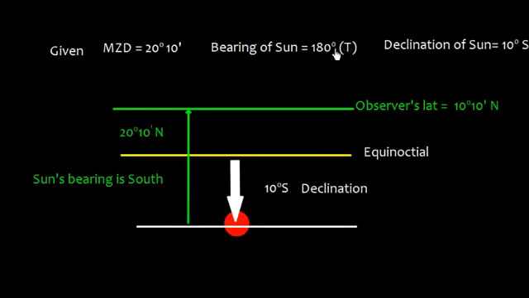That means opposite to that, that is north. So from the celestial body we need to go upward by 20 degrees 10 minutes. So the observer's latitude from the equinoctial to this will be 10 degrees 10 minutes. The sun's bearing is south, so the meridian zenith distance is north.